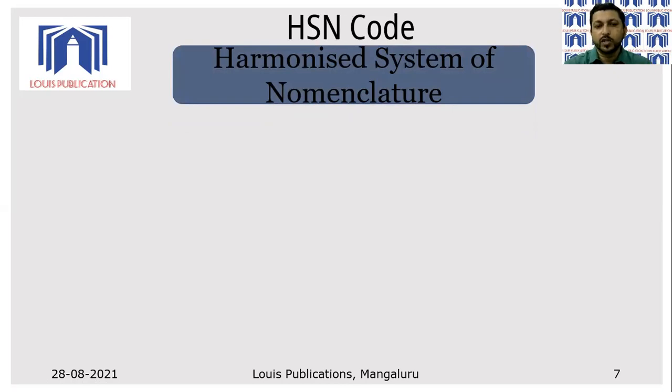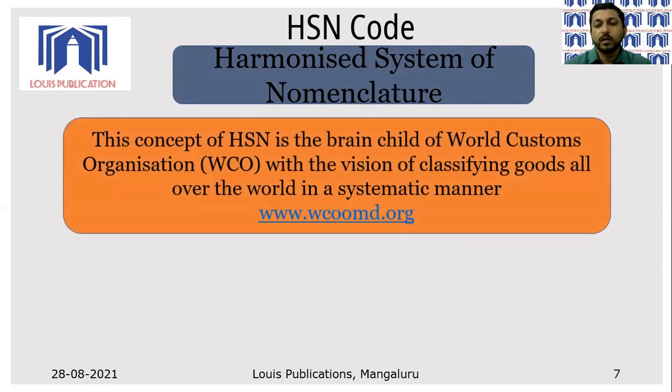So when we say HSN code, it is not something that the GST Council has developed. HSN code has been borrowed, rather it's a baby of World Customs Organization. So the concept of HSN is the brainchild of World Customs Organization with the vision of classifying goods all over the world in a systematic manner.